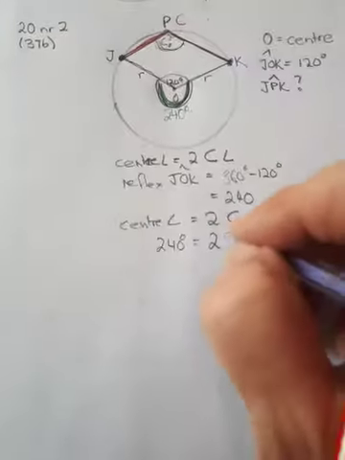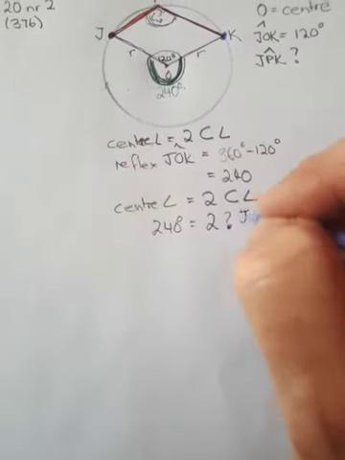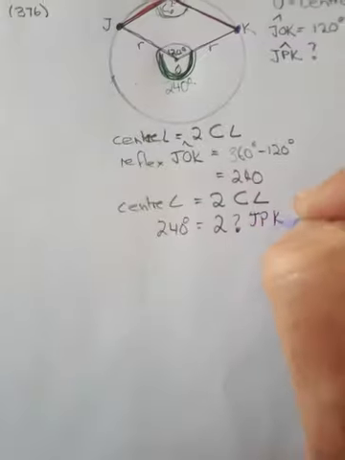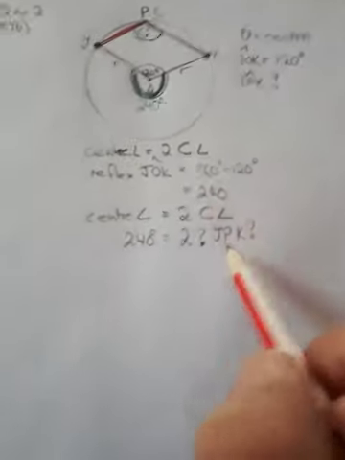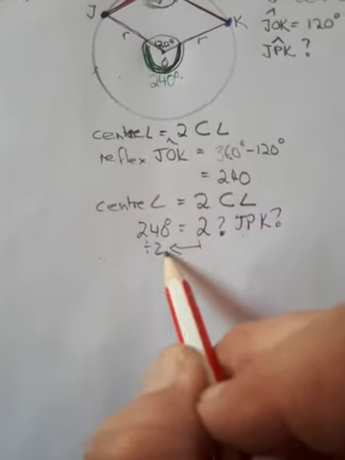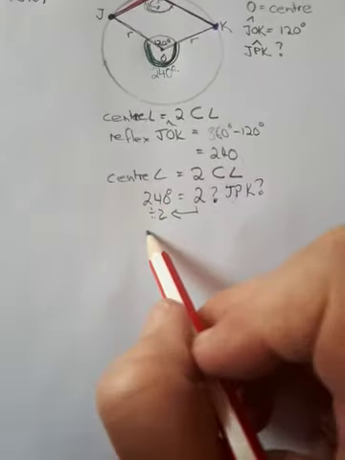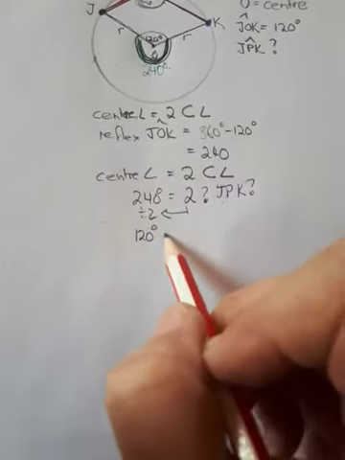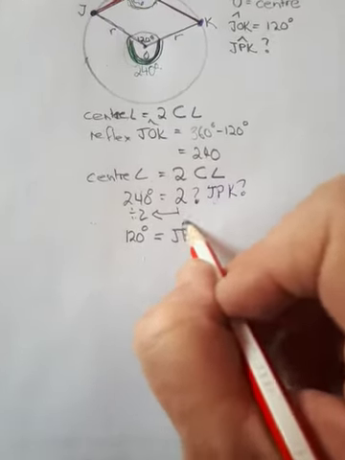People, really the question mark is the JPK. That's the one that's being asked. Right, and now to calculate JPK, we just simply divide by 2, which is 240 divided by 2, which is 120 degrees equals angle JPK.